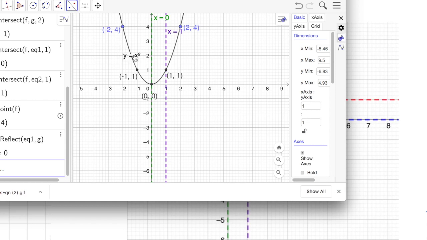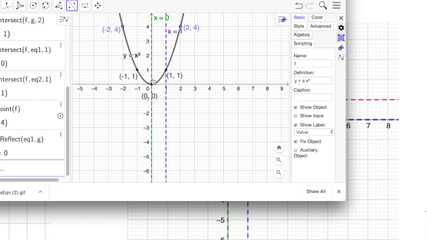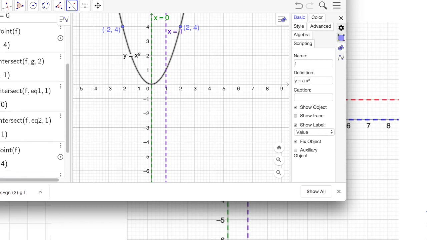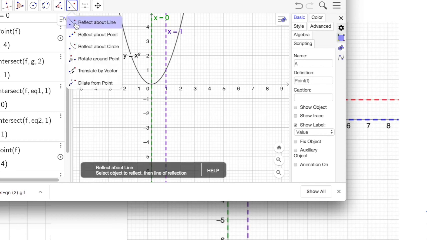This is a parabola. It's got all these points, which I'm actually going to take out of here for purposes of making it look nicer. Okay, so what happens when we reflect this parabola about this line? Well, I think you can imagine.